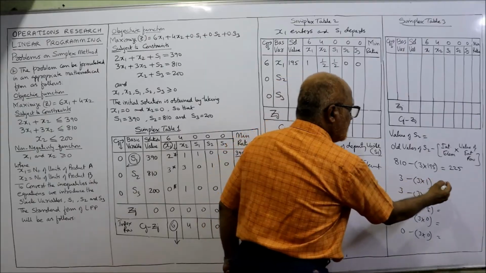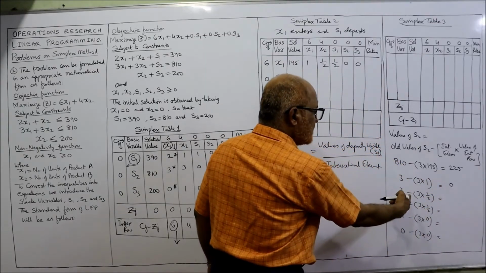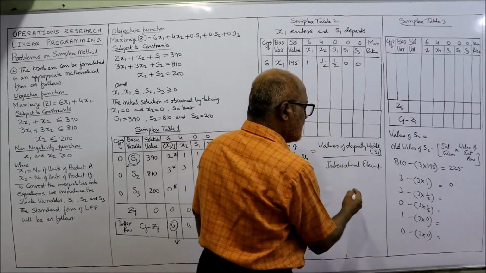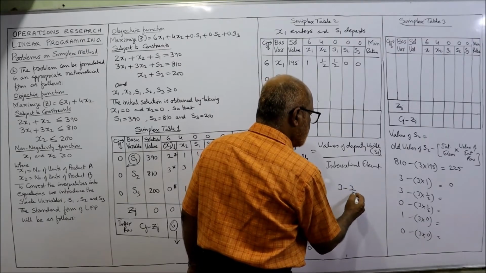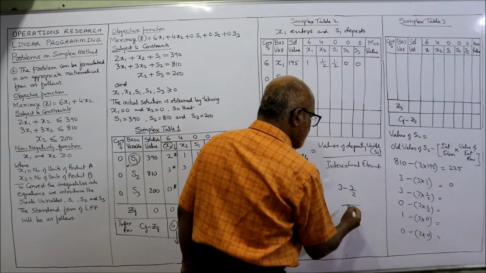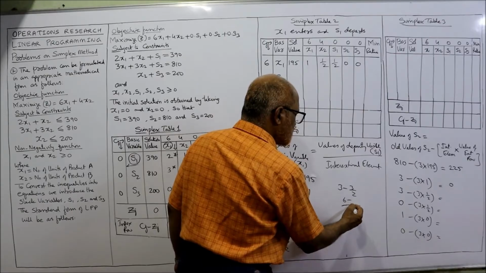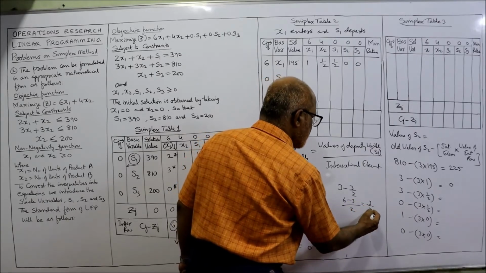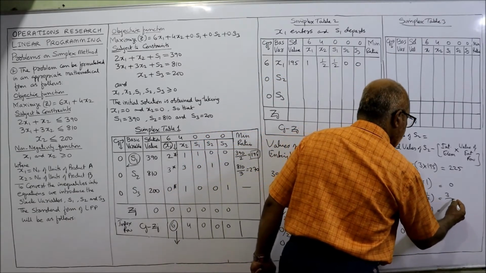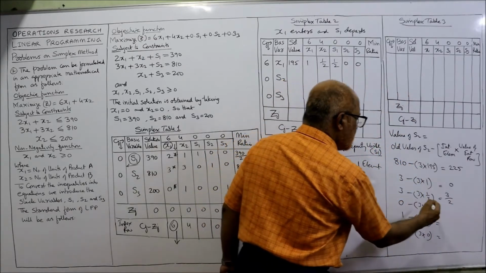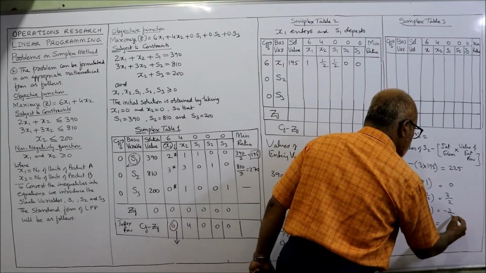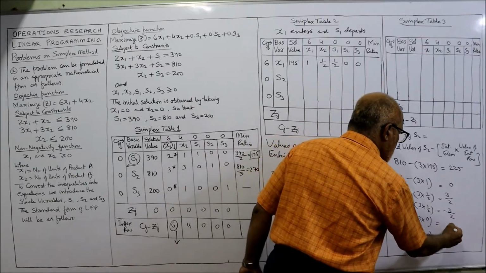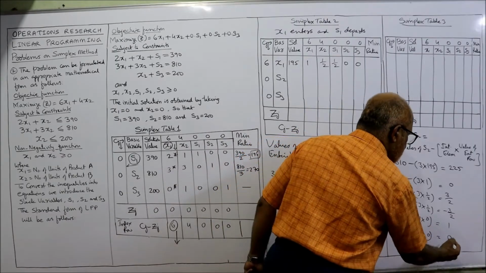Here 3 minus 3, 0. 3 minus 3 into 1 by 2, that means 3 minus 3 by 2. If you take LCM, 2 3s are 6, minus 3, so 3 by 2 will remain. Then 0 minus 3 by 2 is minus 3 by 2. 1 minus 0, 1. 0 minus 0 is 0.